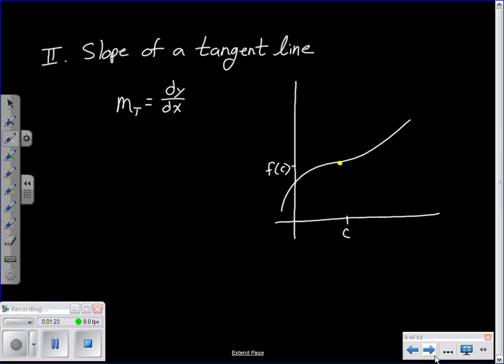So I have 2 points that are infinitely close together, and that creates a tangent line on my curve. The slope of this line can be represented by the derivative dy dx, or f prime of c. So I take the x value c and plug it into my derivative f prime of x to get my slope.